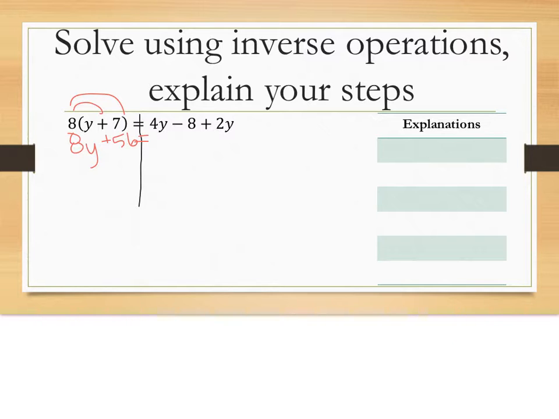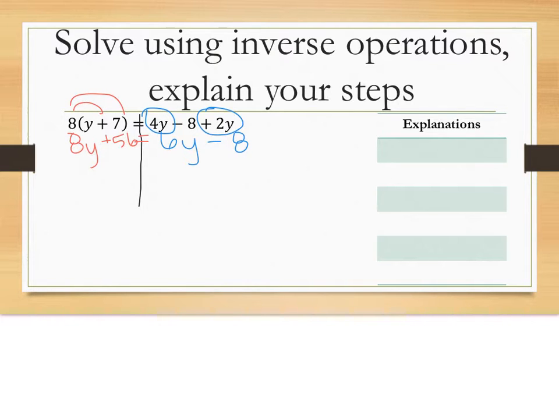On the other side, I notice that I have the variable written twice. Since I'm not crossing the equal sign, I'm just going to use the operations written. So I have 4y plus 2y, so that'll give me 6y minus 8.